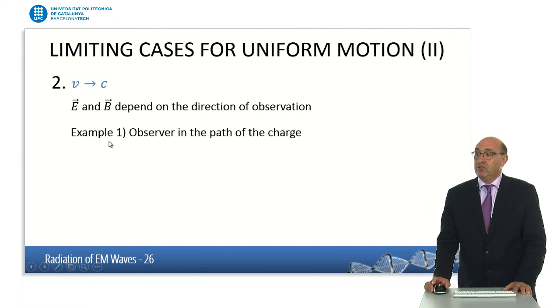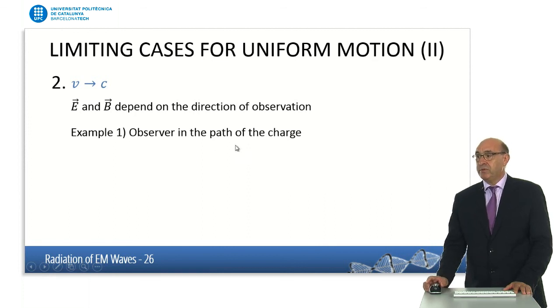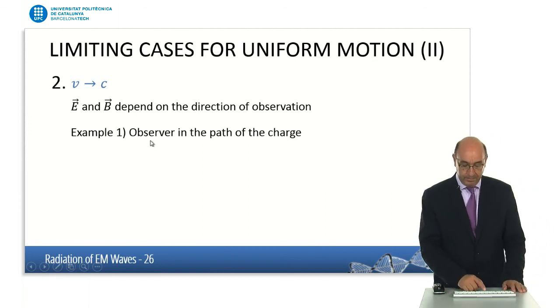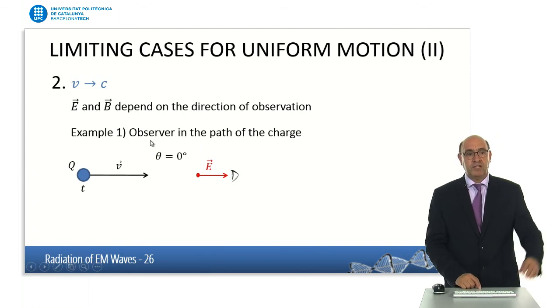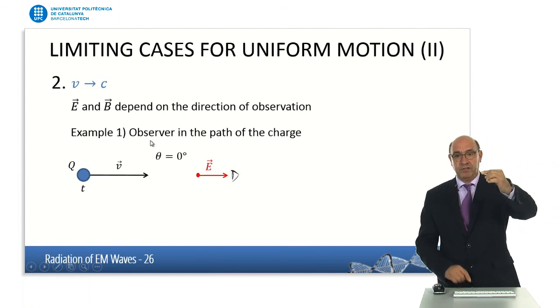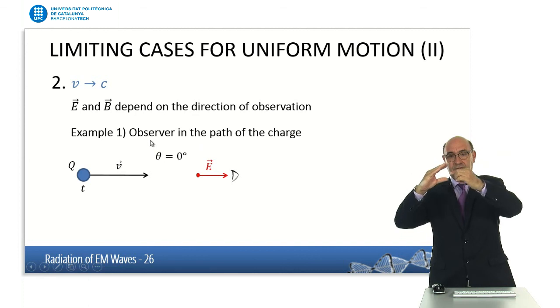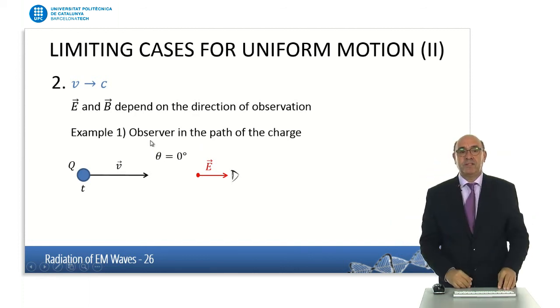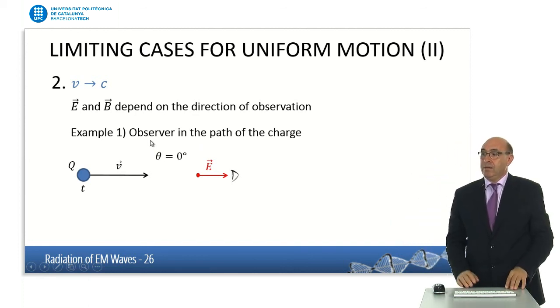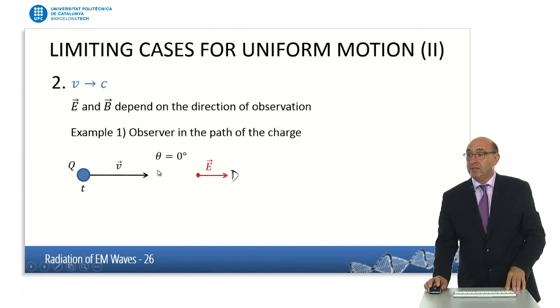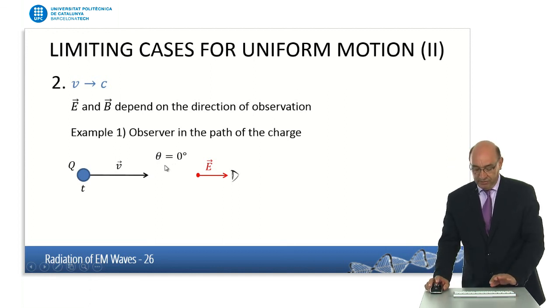I'm going to show you two examples. One is the case where the observer is in the path of the charge. This is to say the charge is going in this direction and the observer is looking at how the charge approaches him. The charge moves in this direction. In the previous expression, the value for this angle is 0, and the electric field, that is a radial field, points towards the observer.